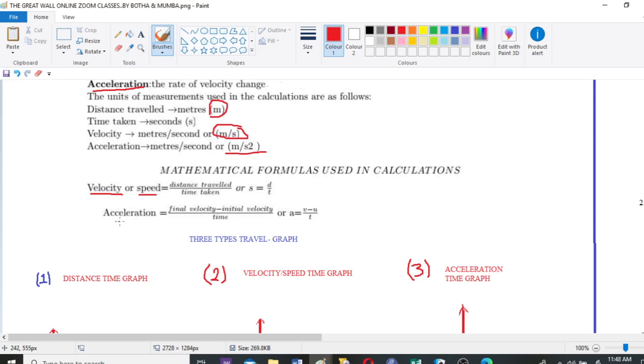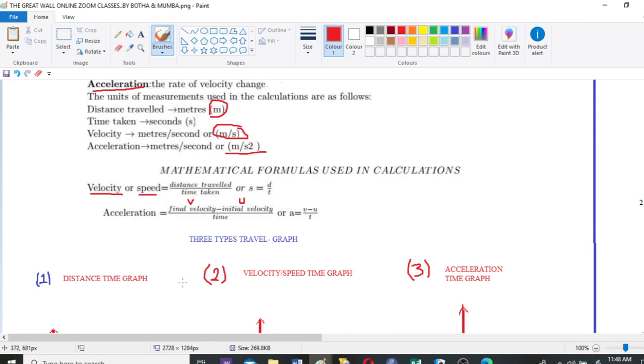Then the acceleration, which is equal to final velocity minus initial velocity over time. Now final velocity, we can replace it with v, and initial velocity we can replace it with u, and time by t. So the formula becomes a, which denotes acceleration, is equal to v minus u over t, isn't it? Okay, so those are the main two formulas we use when calculating.